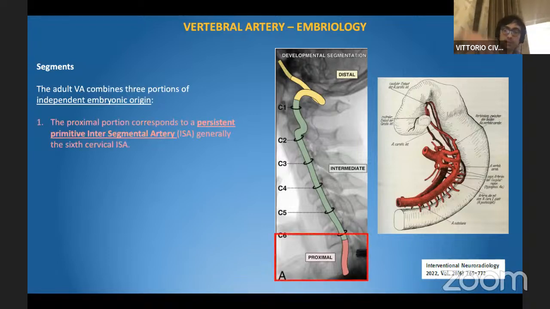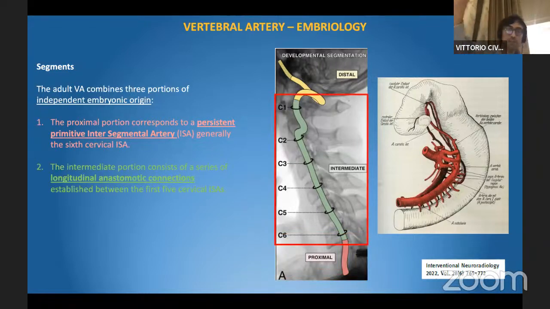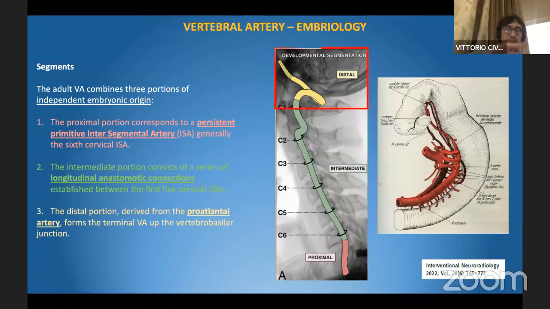The first, or proximal, segment corresponds to a persistent primitive intersegmental artery, generally the sixth. Then an intermediate portion consists of a series of longitudinal anastomotic connections established between the first five cervical intersegmental arteries. And then we have the distal portion, derived from the proatlantal artery and from the terminal vertebral artery.